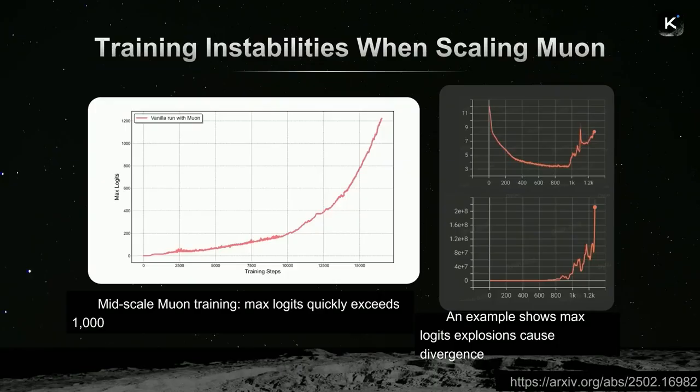The typical values for training for this max logit is about, say, 50 or maybe less than 100. But for Muon, it quickly exceeds 1,000. At the same time, we observe training divergence. If you look at the training loss, it goes down a bit, but then at the end of the day, it explodes, and it cannot converge as expected. So this is one of the technical challenges that we have to address.